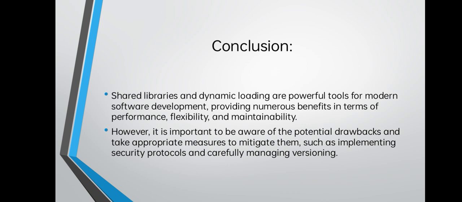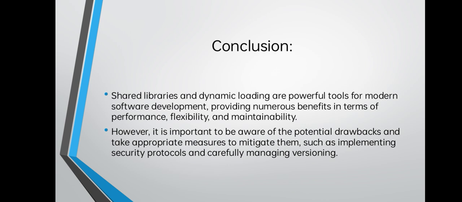So here we have seen the benefits of shared memory, what shared memory is, what dynamic loading is, how they are interconnected, and we have seen some examples. We have seen static libraries with examples, what the benefits of it are, and we have seen the drawbacks also.